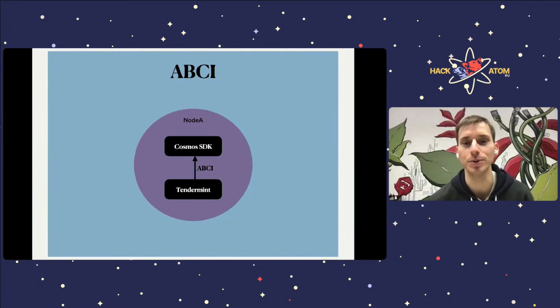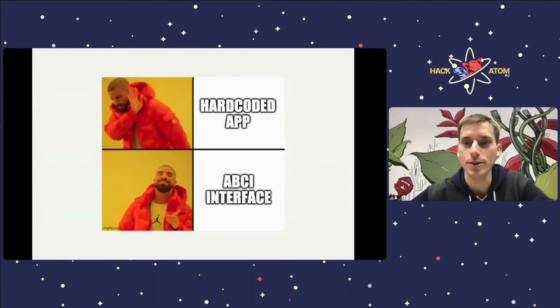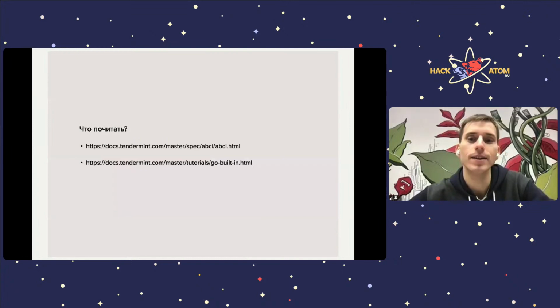But Cosmos SDK, as many of you know, grants several ready-to-use modules: governance, staking, and others. Thereby, you don't have to write your own code. Basically, you can hard code your app, or you can use the ABCI interface.